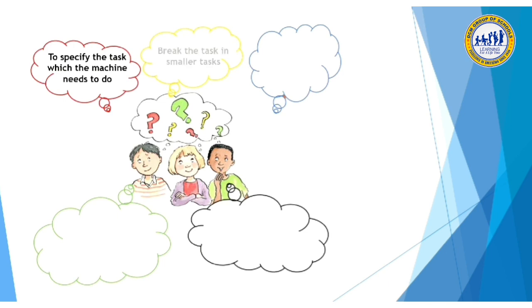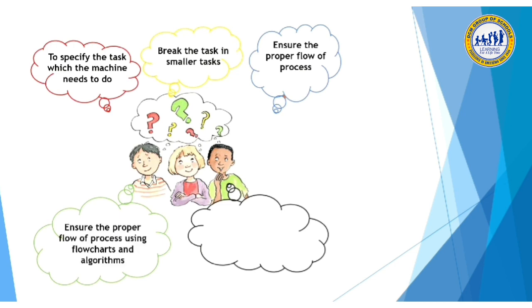Once the main objective of a program is finalized, the task is broken into smaller tasks which all together contribute towards achieving the main goal. To make sure that the flow of the process is proper, algorithms and flowcharts are used, which help us to develop a stepwise framework to achieve the main goal.